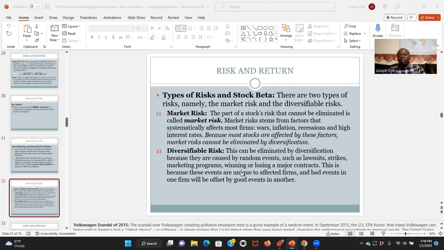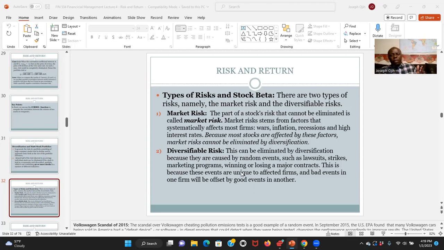I remember that in my previous lecture, we covered diversification, how to diversify our portfolio to reduce risk. So that kind of risk in your portfolio that you cannot eliminate through diversification is what we call market risk.